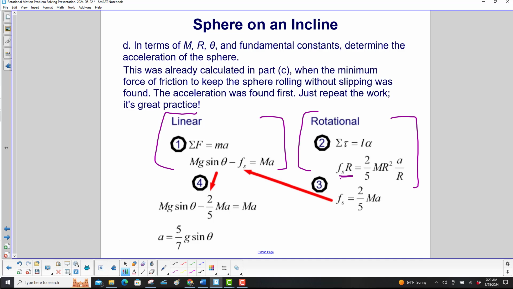And just calculate this out, we get the friction force is 2/5 ma. We substitute that into the linear equation. We get this, and then we just simplify that and we find the acceleration is 5/7 g sine theta.